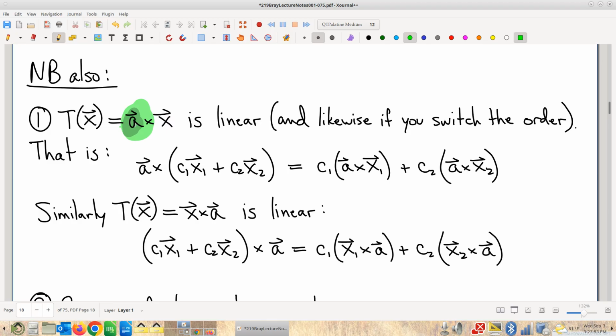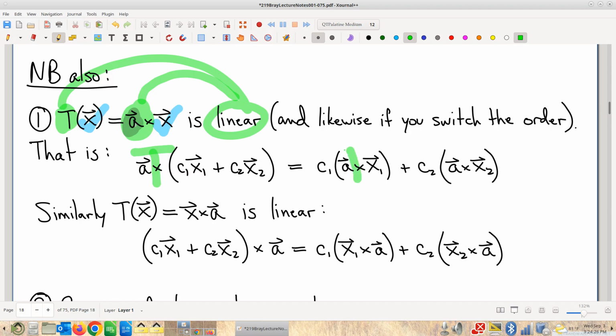Right? That action is a function because whatever x you give me, I can do that action. I can cross it with A. Right? And this function is linear. So this function t, the action of crossing with a fixed vector A, is linear. And you can see that in how we write it down in this equation here, the action of crossing with A. Here, let me put the parentheses to make it a little bit more visible.